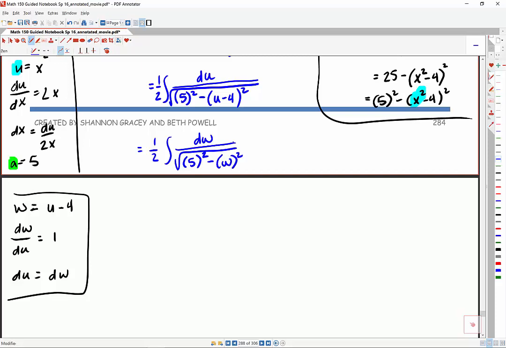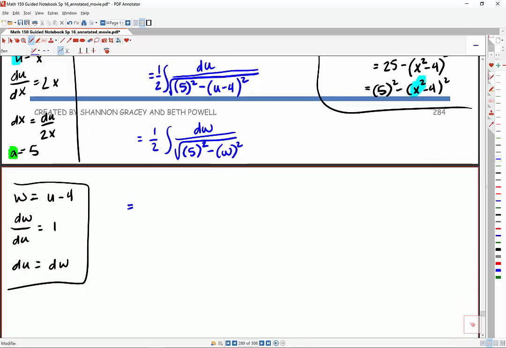And this gives us an arc sine result, right? So here we go. This would end up being 1/2 times arc sine of w over 5 plus c.